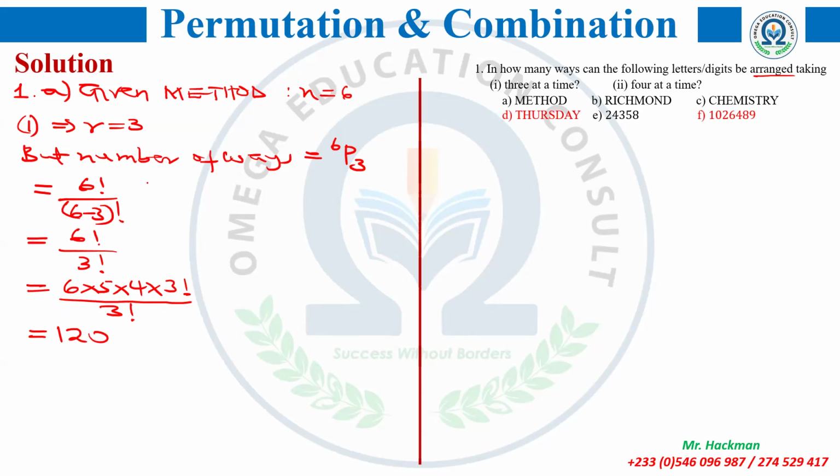You've not drawn our conclusion, so you write therefore 120 is equal to the number of ways. Going forward, the next one, like I said, the solution will be better. Any questions before we move on to the second question, the B?